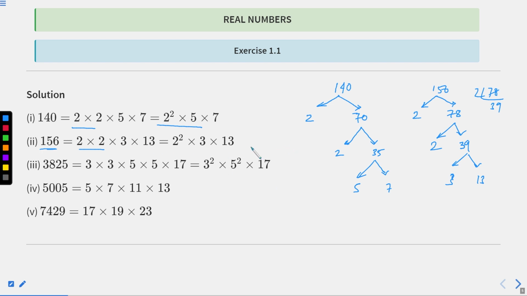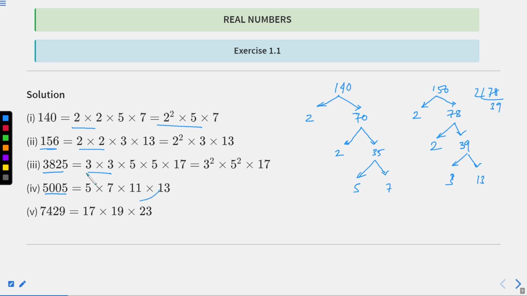In this manner you can find the factorization of 3825. It is equal to 3 into 3 into 5 into 5 into 17, which is 3 square into 5 square into 17. The fourth number is 5005. It can be expressed as 5 into 7 into 11 into 13.